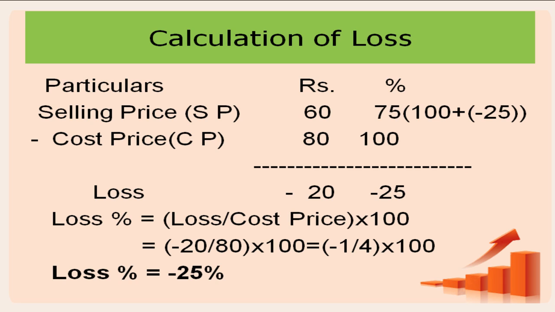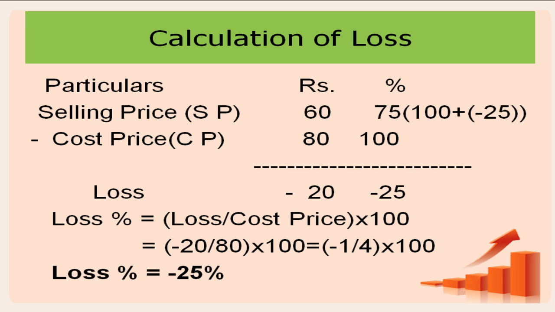Here minus represents loss. Therefore loss percentage is equal to loss divided by cost price into 100, that is equal to minus 20 divided by 80 into 100, that is equal to minus 1 by 4 into 100, that is equal to minus 25%. We are substituting the loss percentage in the given statement. So loss in rupees is minus 20 and loss in percentage is minus 25. For all the given situation, cost price percentage remains fixed or standard, that is equal to 100.